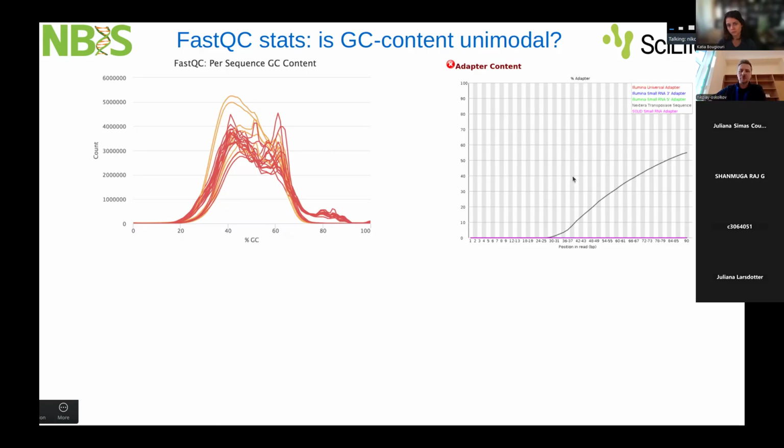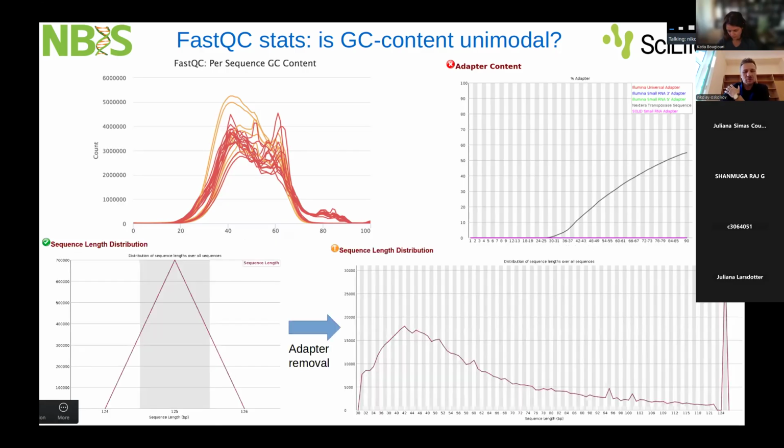I think it's pretty much standard that in all pipelines you do this quality control before adapter removal and after adapter removal, and see how all the stats change. So for example, if you detected adapters and your reads before adapter removal are all of the same length, there is no distribution of read lengths. Read length is of course one of the very important stats for ancient DNA people.